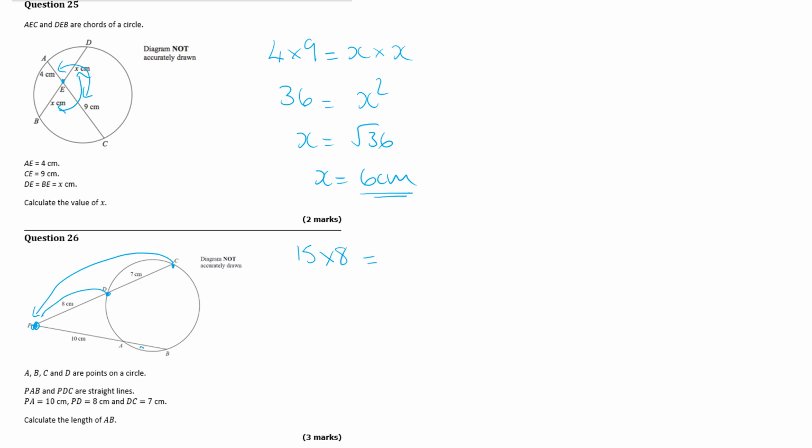Now if we call this point here x, A to B, then it'll be 10 plus x, times 10. So 15 times 8 is 120, is equal to 100 plus 10x. So 20 is equal to 10x. So x is equal to 2.